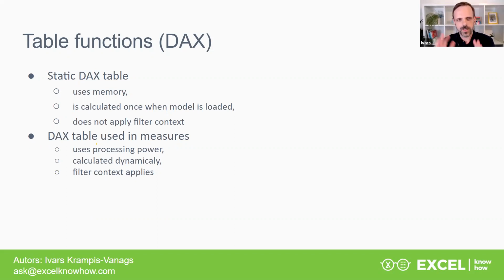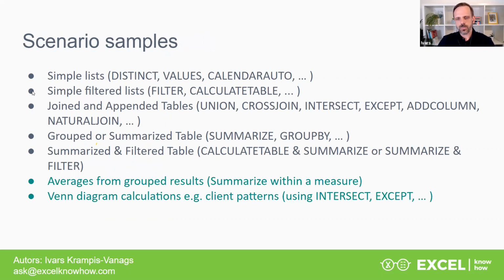You can explore that, but it's a static table that you calculate once and that's it. While measures tables are taking in the context the filters that you use, and they are calculated dynamically. And my scenarios that I will show you today, I'll probably try to quickly go through these simple scenarios, like you can use DISTINCT and VALUES and CALENDARAUTO.